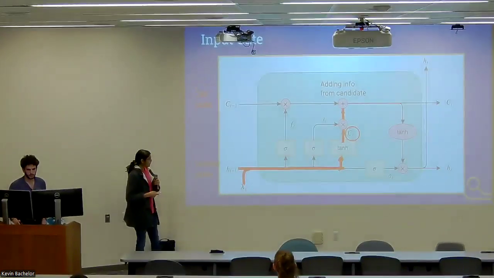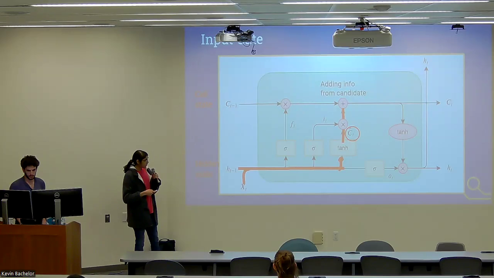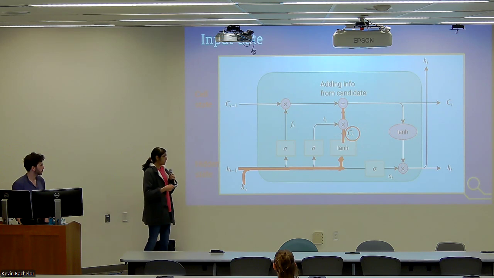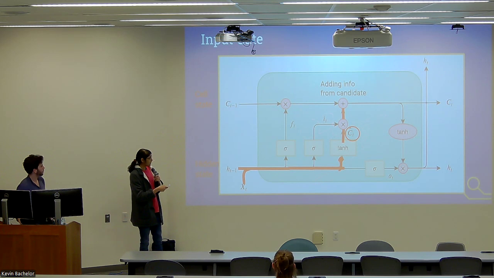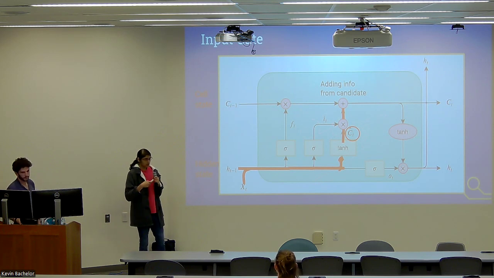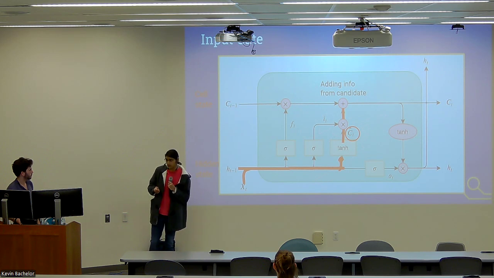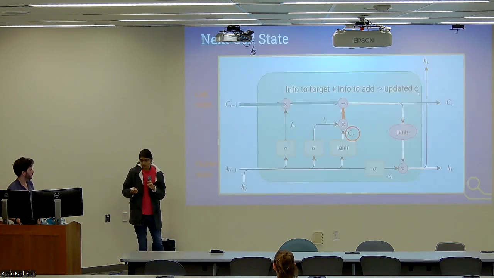In that same way, we take this input gate and apply it to our candidate cell state, the C_t hat. That's how we add information from our candidate state.